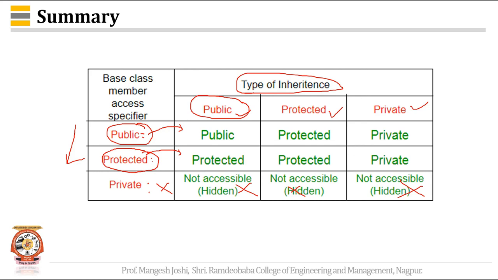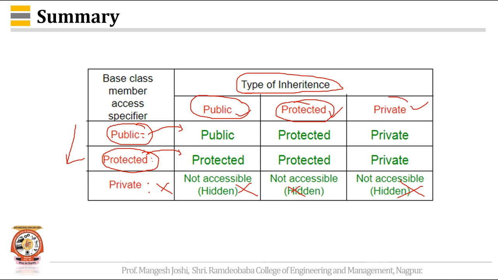If it is protected inheritance, then public members of the base class will become protected members of the derived class. Similarly, protected members of the base class will become protected members of the derived class.